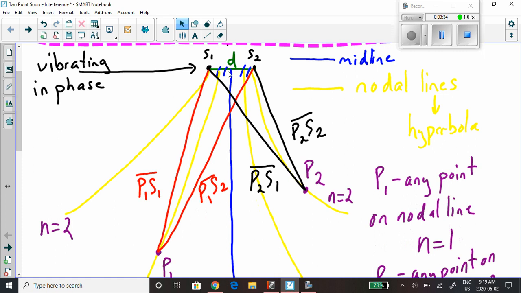What I've drawn right here is a midline. So that's halfway between S1 and S2. So it would be d/2 here, d/2. And this midline is definitely 90 degrees to the line d, which shows the distance between source 1 wave, source 2 wave.